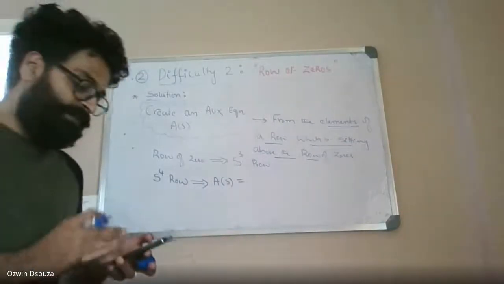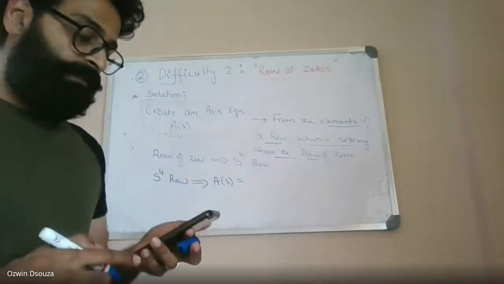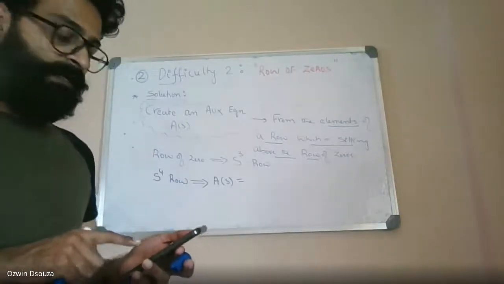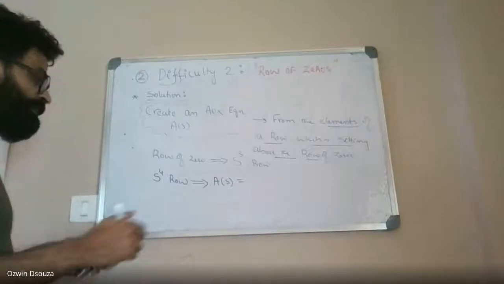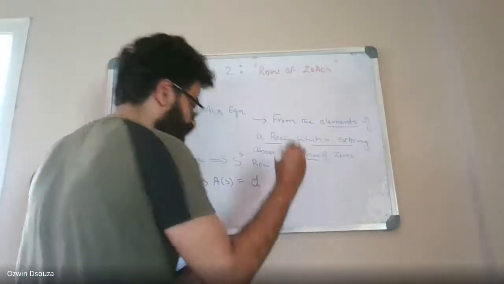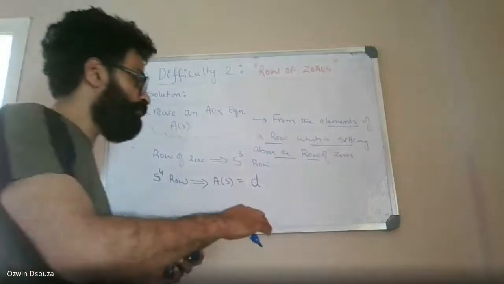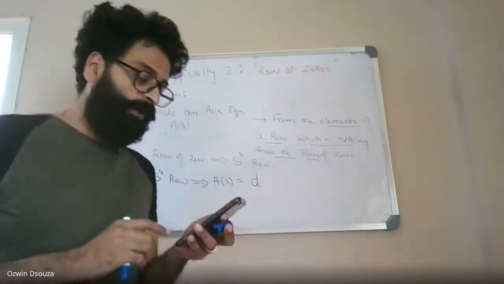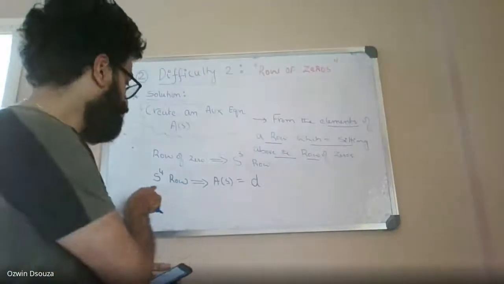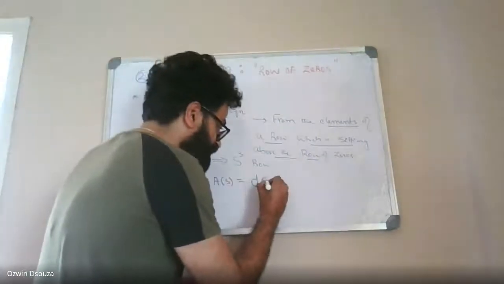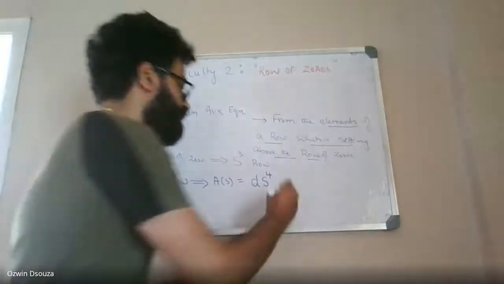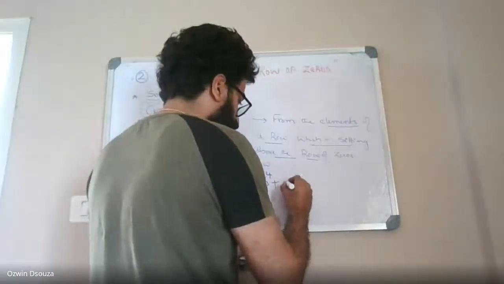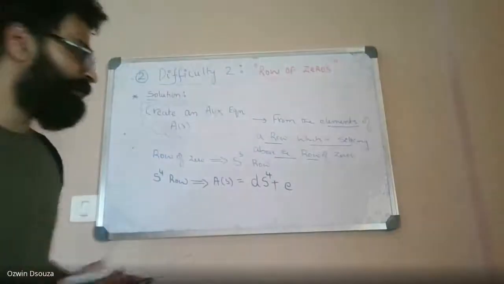Okay. So what do we have? The coefficients in the row which is above the row of zeros. We have the first coefficient as D, and then E, and then F. So first you write down D, the coefficient value. And then you write down the powers of S. So what is the first power of S? Since it is the s to the power 4 row, the first power of S is 4. Plus the second coefficient, what is it? E. And what is the power of S? Can anyone tell me?